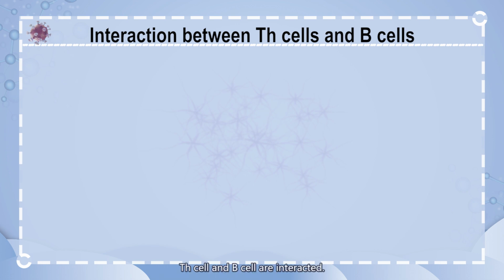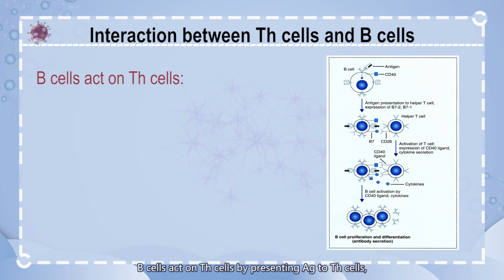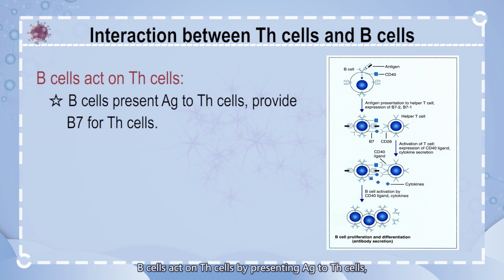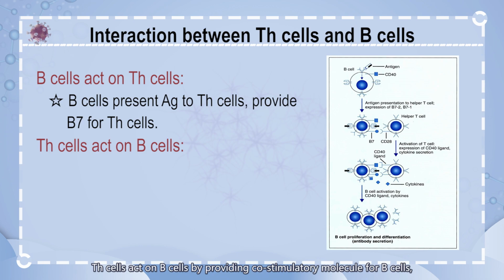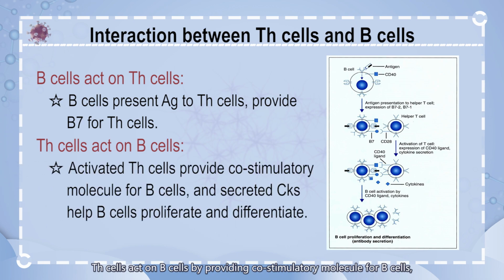Th cell and B cell interact. B cells act on Th cells by presenting antigen to Th cells, providing B7 for Th cells. Th cells act on B cells by providing co-stimulatory molecule for B cells, and secrete cytokines to help B cells proliferate and differentiate.